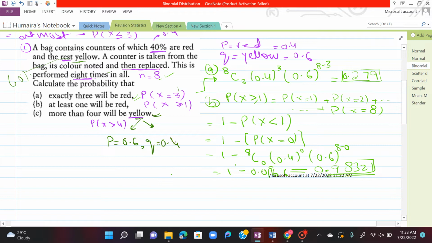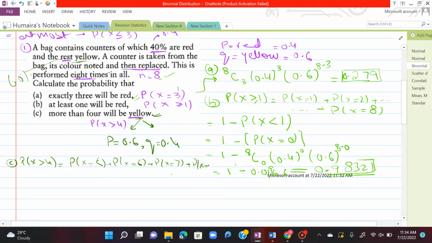Alright. So this changes because of this counter. Our interesting variable also changes, right? And same goes over here. For probability of x greater than 4, I need to find the probability of x equals 5 plus 6 plus 7 plus 8.